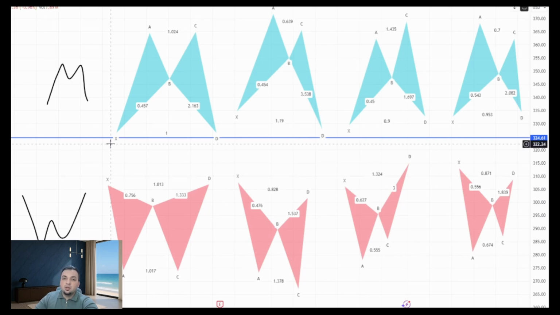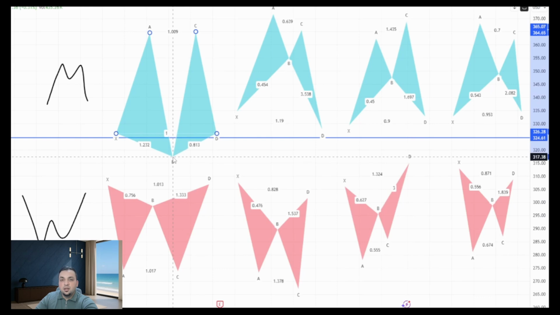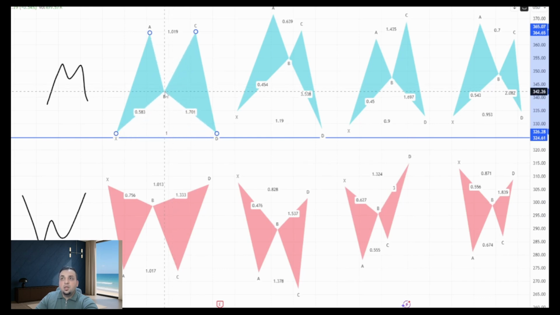For a bullish harmonic pattern and also the bearish harmonic pattern, we really need to look at the B. The first thing is B. As you can see right here, it needs to be somewhere in the middle of A and X. For example, it cannot be higher than A, and B cannot be lower than X. It has to be somewhere in the middle.